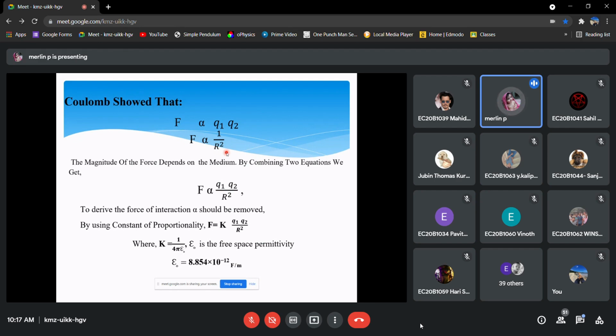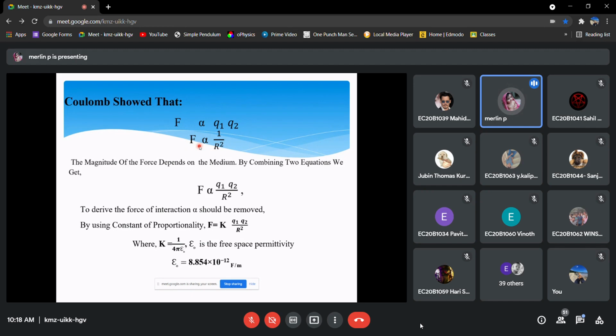Suppose we place one point charge at a particular point and place another point charge some 40 meters away, there will be no force. If we place them at a minimum distance, R is decreased and the force will increase. If R is increased, say the distance between the point charges is 100 meters, the force will obviously decrease.